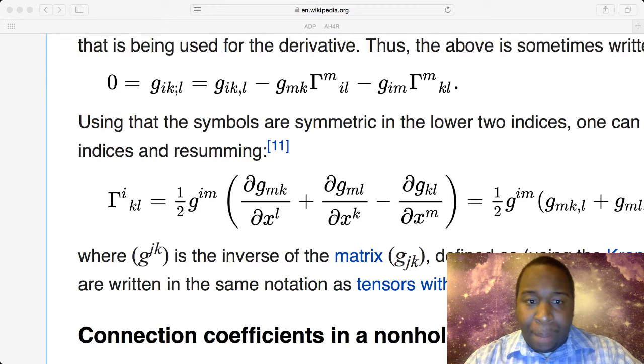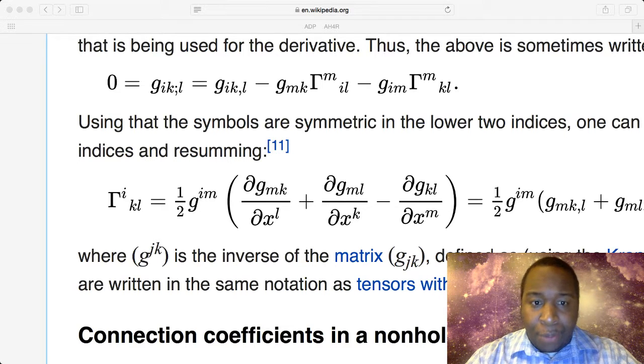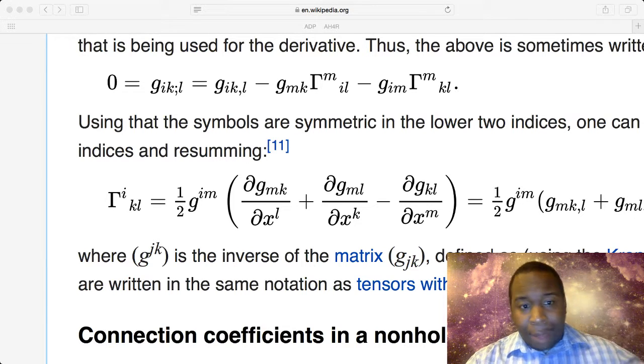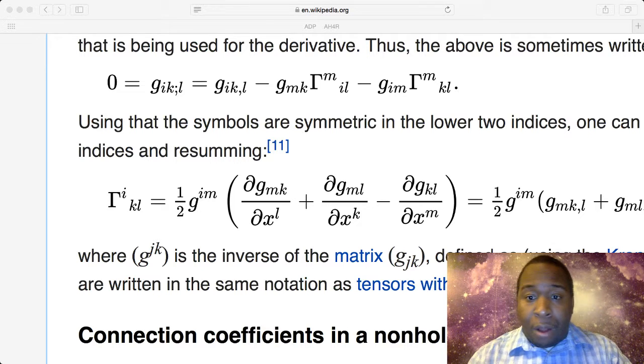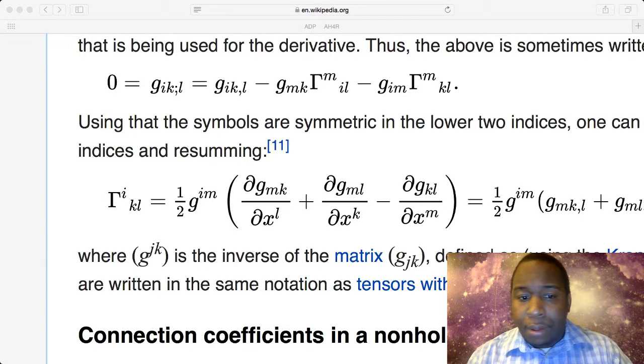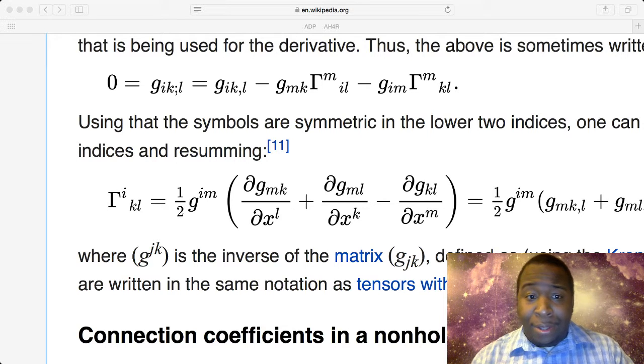So there will be a gamma superscript 0 subscript 0 0, a gamma superscript 0 subscript 1 0, and you'd have to find all these combinations and solve for all of them. But once you learn the little trick, you'll know exactly which Christoffel symbols are trivial, which are equal to 0, and which actually give you a non-zero value.